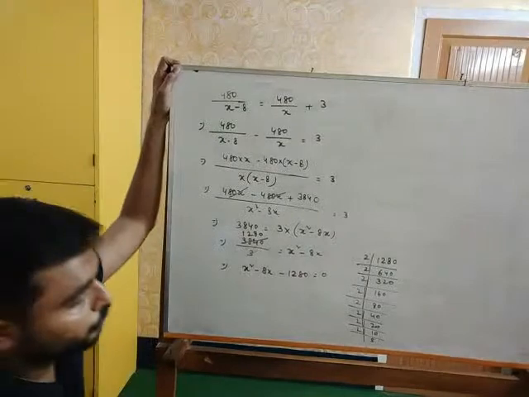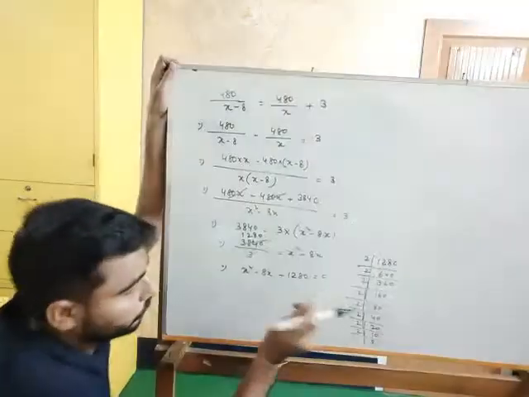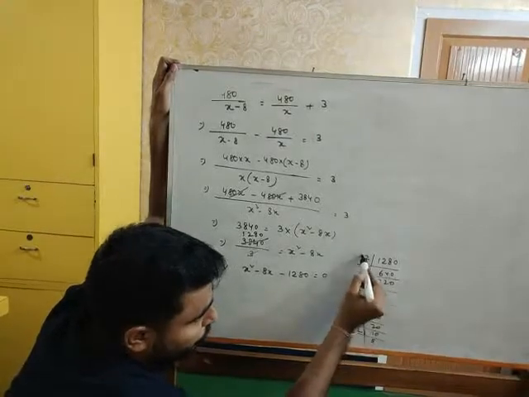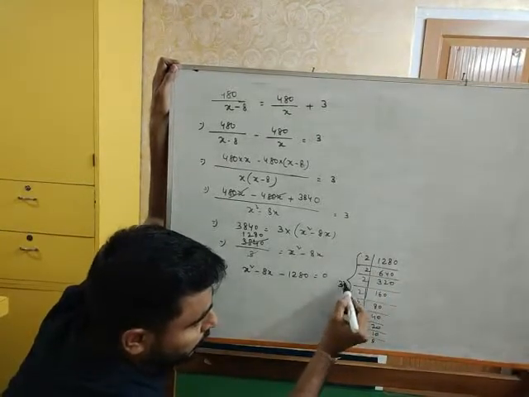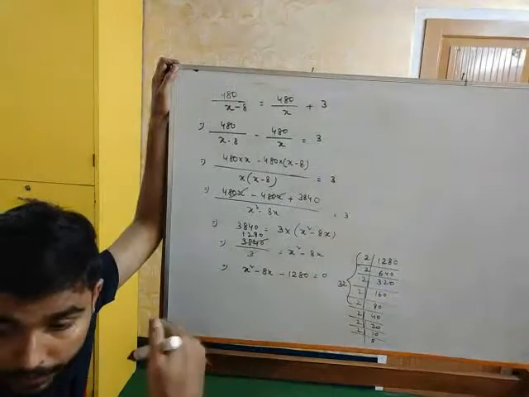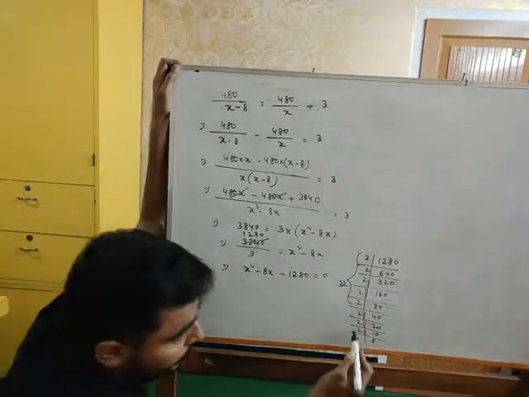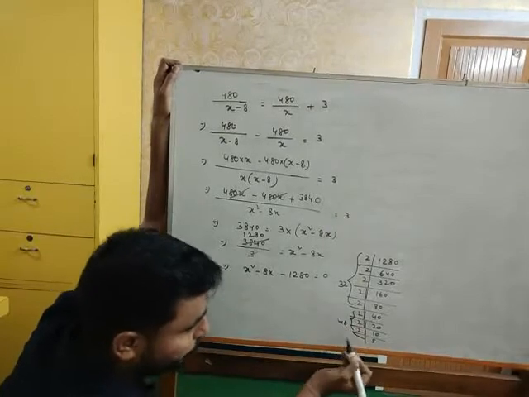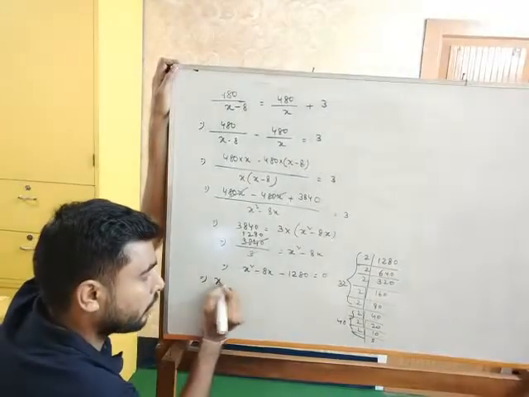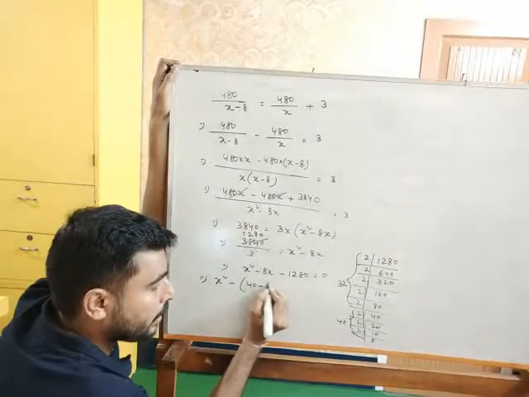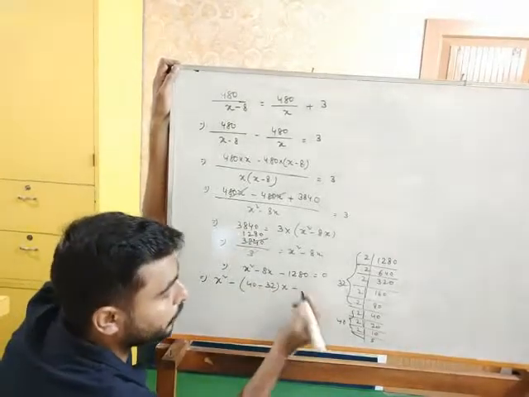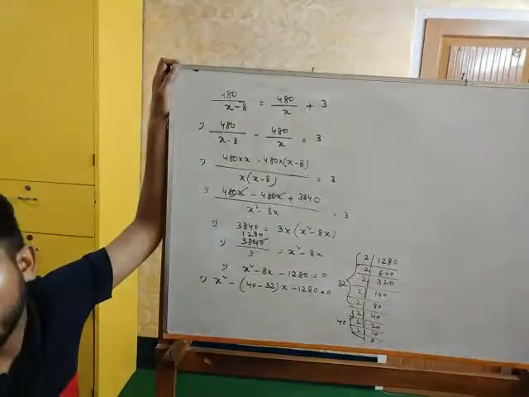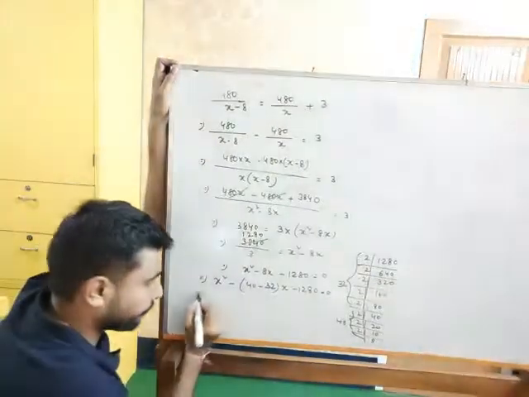Okay, so from 1 2 3 4 5, 2 repeatedly multiplied 5 times will give you 32, and 8 into 5 is 40. So 40 minus 32 will give you 8. We got the factor. So 40 minus 32 multiplied by x minus 1280 is equal to 0.